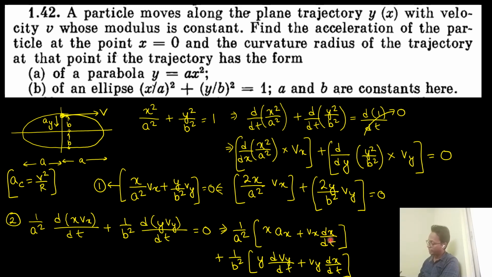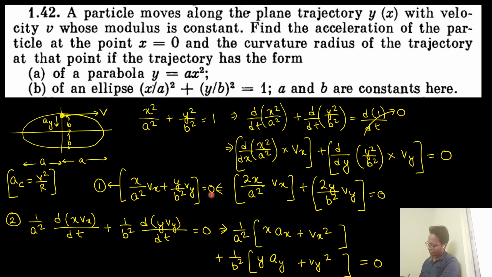So it becomes vx square. Similarly here, it becomes ay into y plus vy square, is equal to 0.